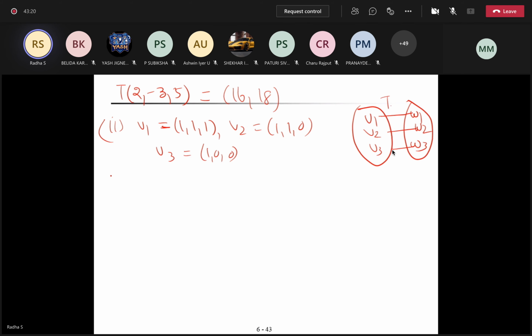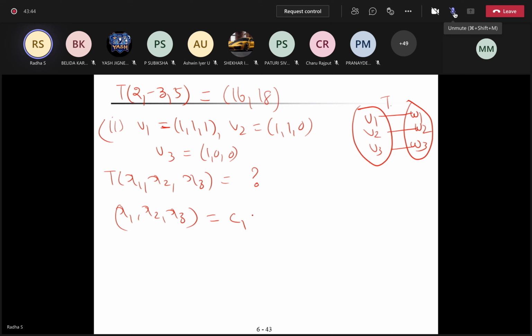So what should you do? They are asking what is T of (x1, x2, x3). Again, linear combination based, but it's not that easy. Directly you cannot write x1 times v1 plus, not possible because this is not the standard basis. So I should find that linear combination.